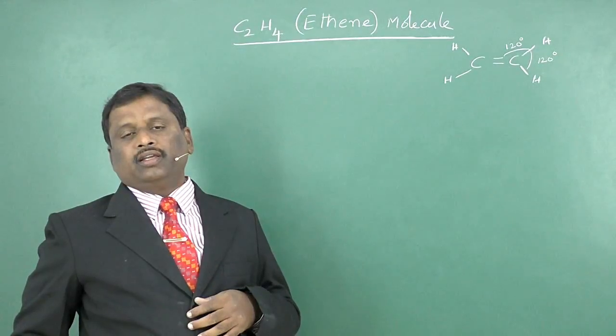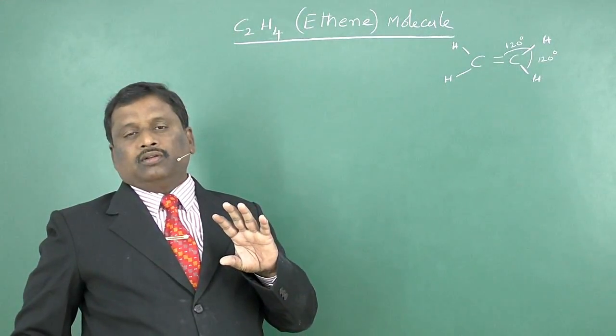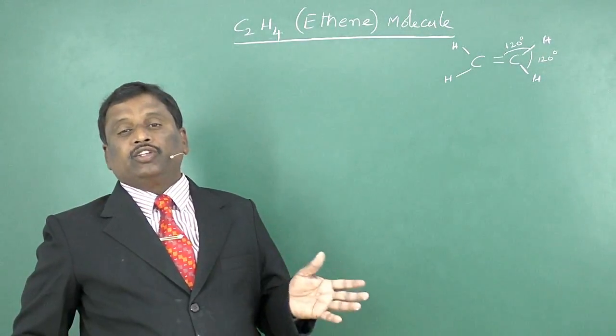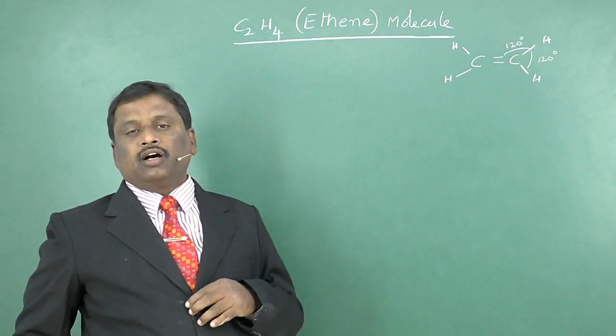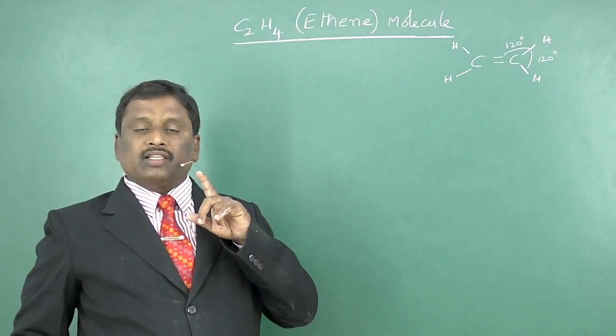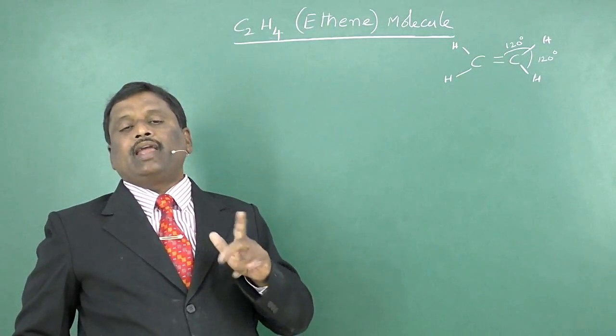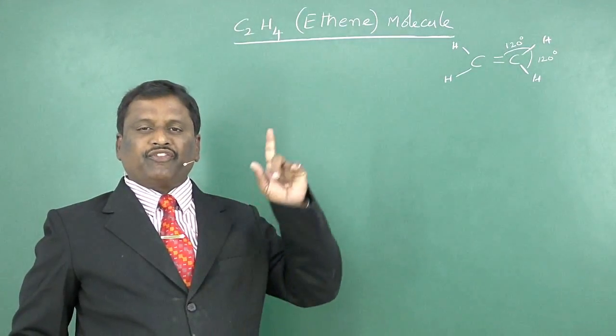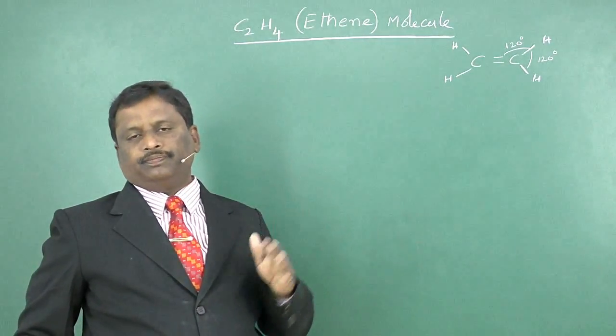Here you should not give logical thinking, the why and how, why it should not be like that. You should not argue like that, because this theory of hybridization is purely hypothetical. This theory was proposed to support the facts that were present in the molecule.